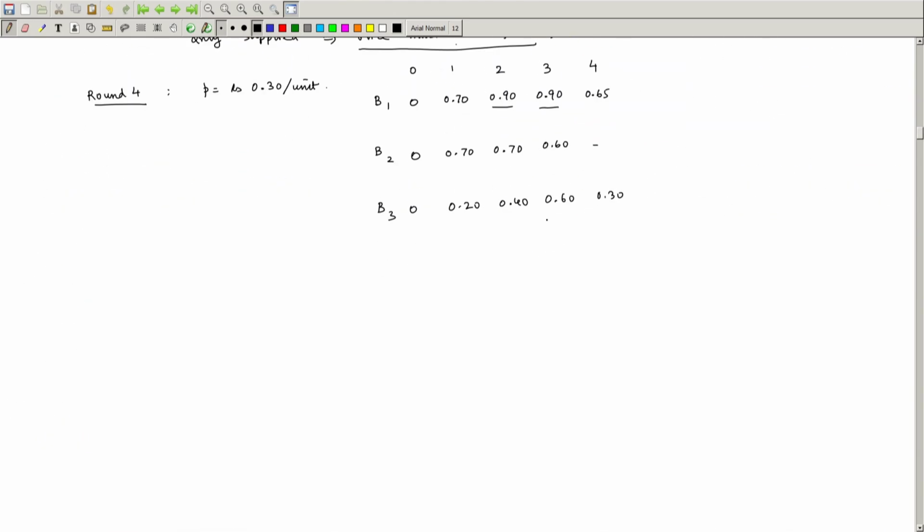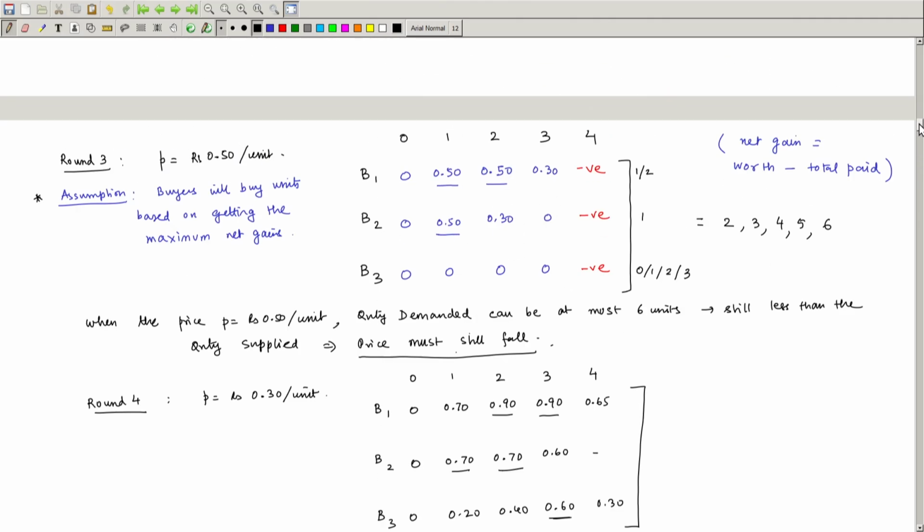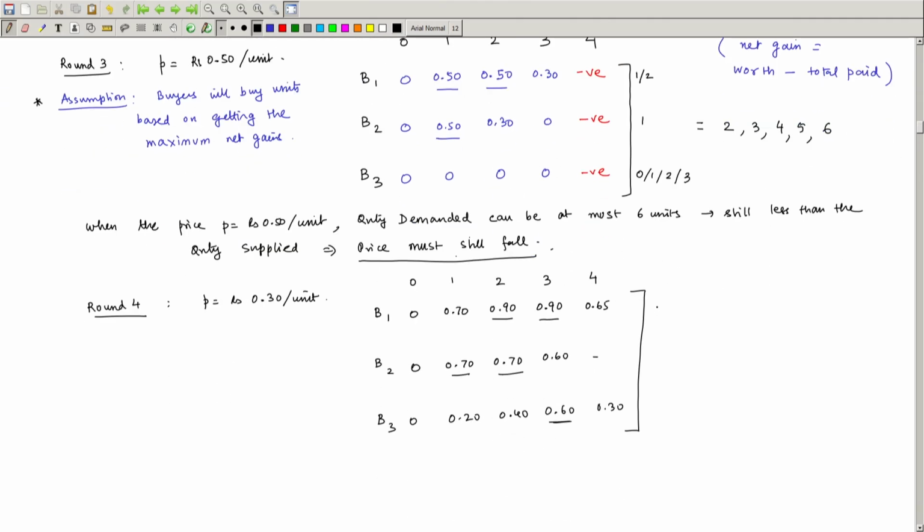So, for buyer 3, the best choice is to buy 3 pencils, and for buyer 2, it is going to be 1 or 2 pencils. So, let us make a note of this. For buyer 1, the choice is either buy 2 or 3 units. For buyer 2, it is buy 1 or 2 units, and buyer 3 is going to buy 3 units, which means that the total quantity purchased by all the 3 buyers combined can be a number as small as 6.